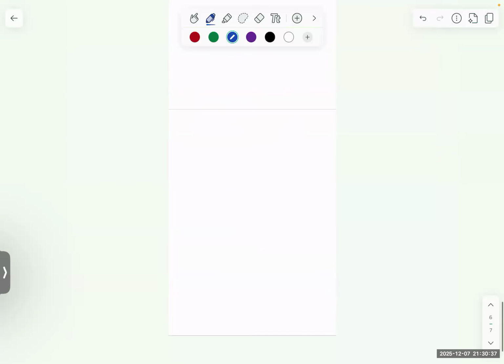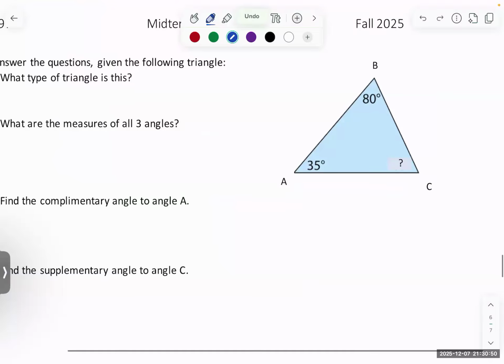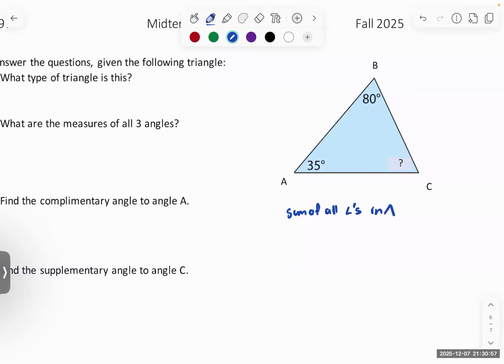Okay, last question. Given the following triangle, what type of triangle is this? Well, before we do that, let's find this measure. The sum of all three angles in a triangle is 180 degrees. So this is saying the angle x plus 35 degrees plus 80 degrees has to equal 180 degrees.